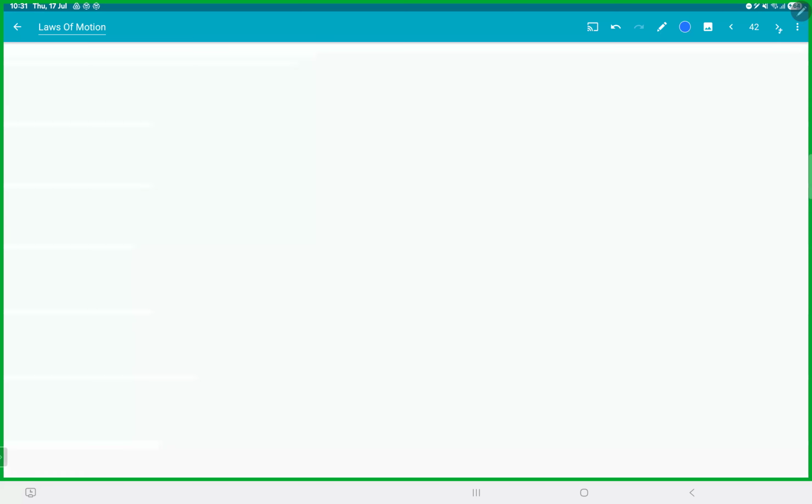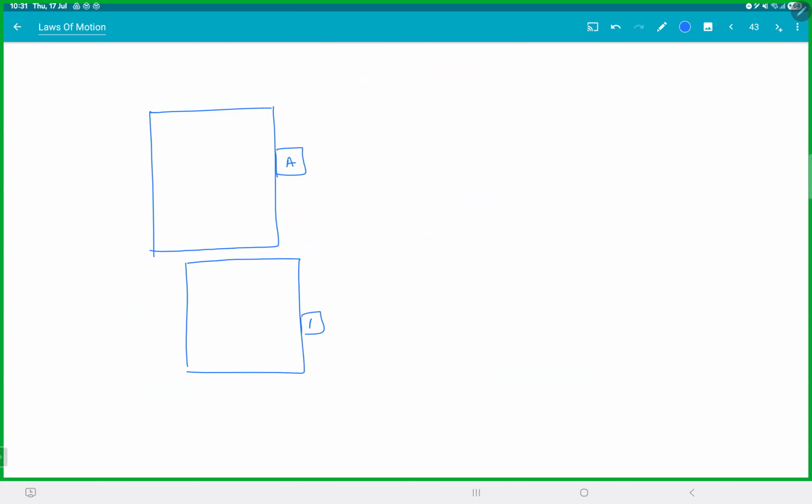Is that clear, everyone? Meaning you can see the picture. If you try to do multiple pictures here, you can clearly observe that. So this is A. Next moment, A will come down a little. Next moment, it will go down a bit. So let me draw it here only. If A has come here, A will come here.